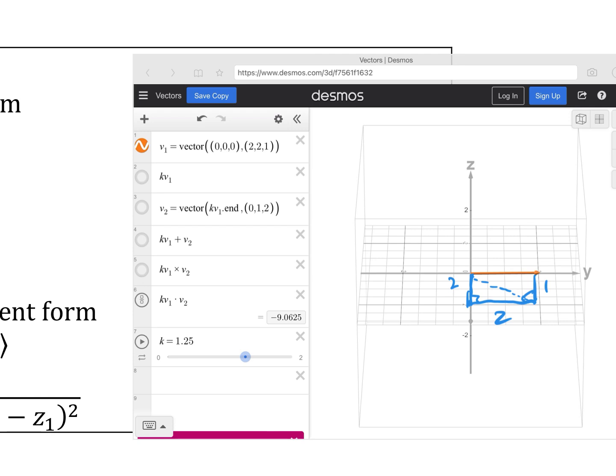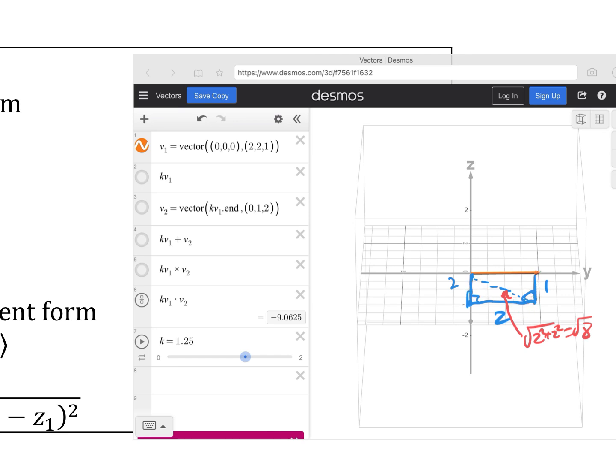Well, that dotted line that I just drew, since it's in this right triangle with 2 and 2, will be the square root of 2 squared plus 2 squared. That's 4 plus 4, so that's the square root of 8.